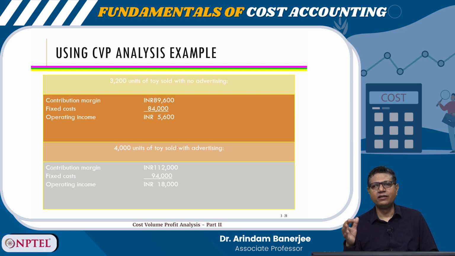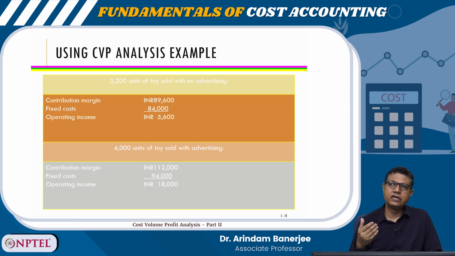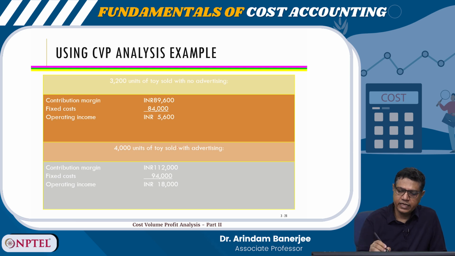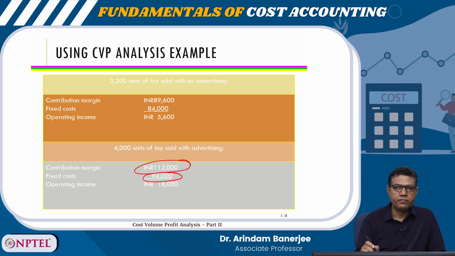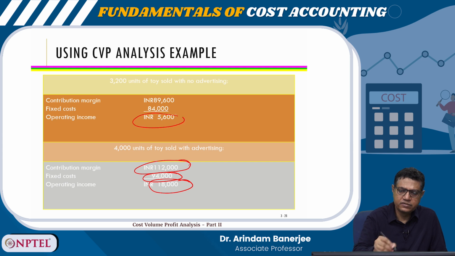So it is a part of fixed cost. The fixed cost was earlier 84,000; after advertising, it becomes 94,000. Sales is increasing and fixed cost is also increasing. My operating income is increasing by 18,000.